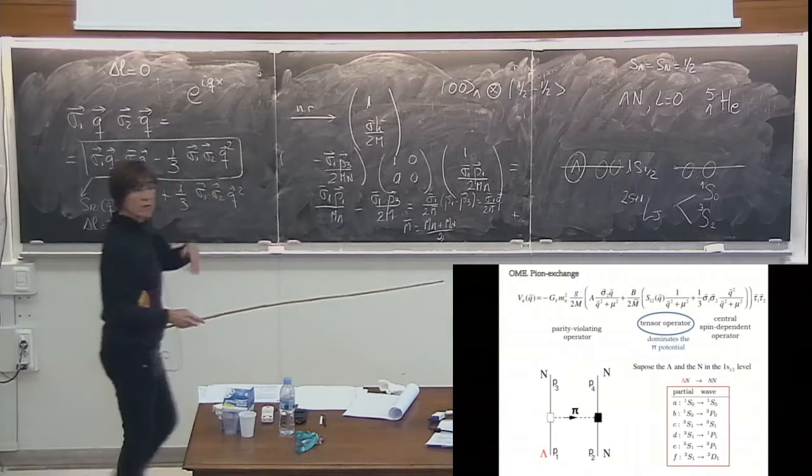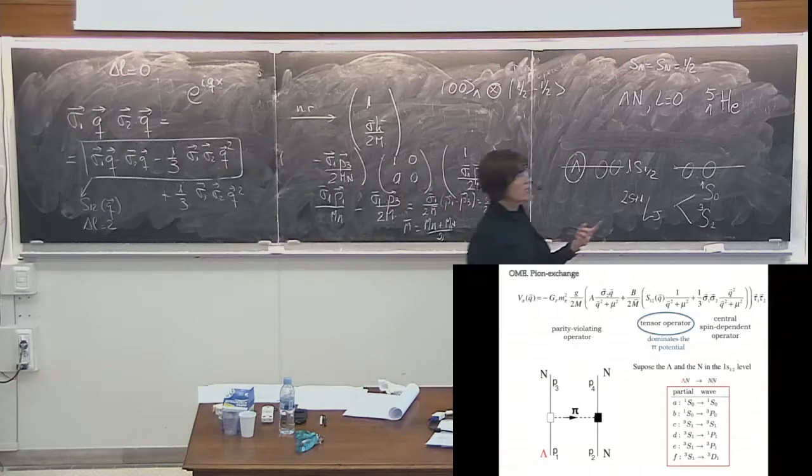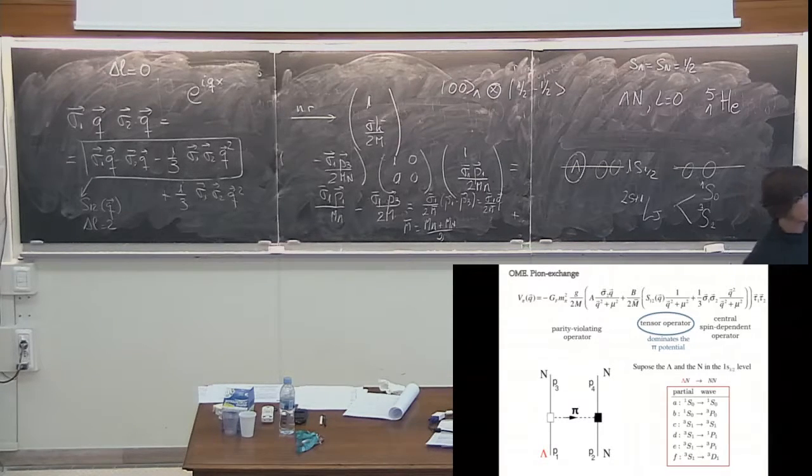So that means 1 unit in angular momentum. So if you start from L equals 0, you go to L equal 1 through operators that depend on Q, while operators that depend on Q squared give you 2 units of angular momentum. That means that you start from L equal to 0, you go to L equal to 2. And those are the transitions that you are allowed to have with this kind of potentials.